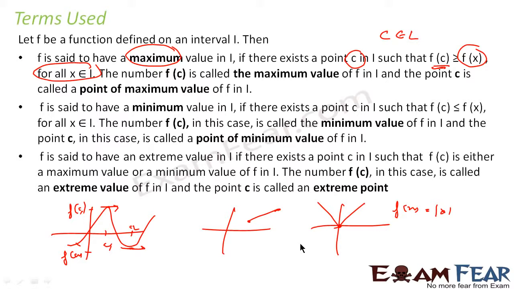So extreme values can lie at f'(x) equal to 0, that is turning points, at points where the graph is not differentiable, or at my end points. So these are the points where actually I can have maxima or minima. Correct? So extreme points are nothing but a general term for maxima and minima. So extreme points can be maxima, extreme points can be minima.